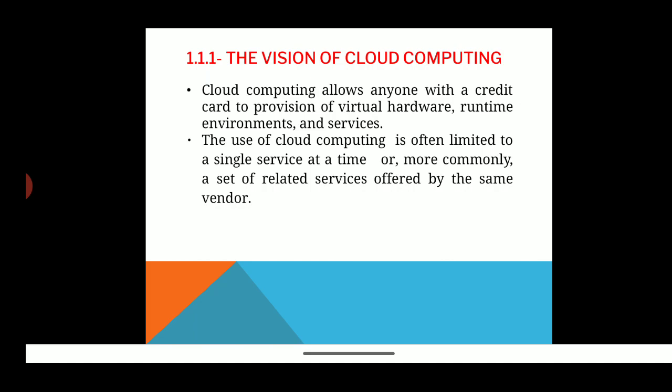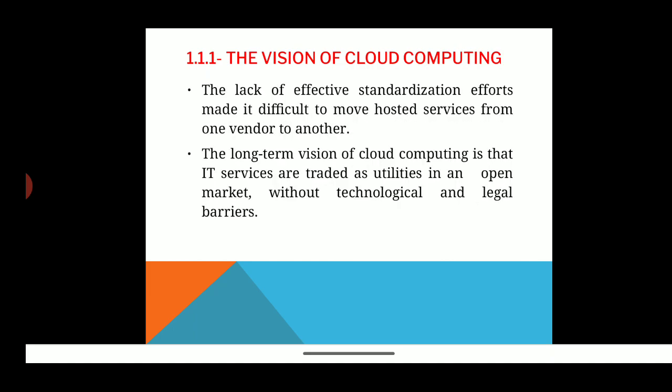The use of cloud computing is often limited to a single service at a time, or more commonly a set of related services offered by the same vendor. The lack of effective standardization efforts makes it difficult to move hosted services from one vendor to another. In the beginning of cloud computing, it depended on the provider.